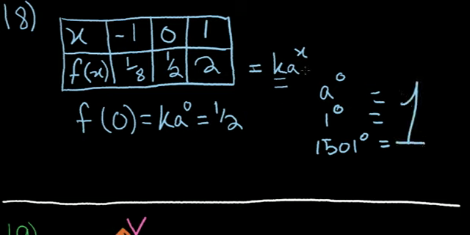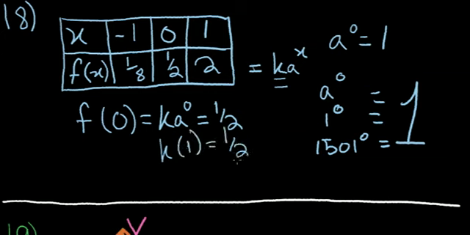So a to the power of 0 is going to equal 1. So we know that k times 1 equals 1/2. Therefore, k has to equal 1/2, because 1/2 times 1 is 1/2.